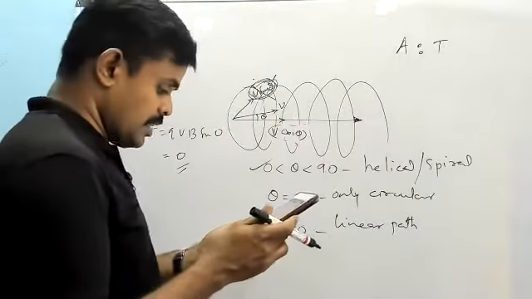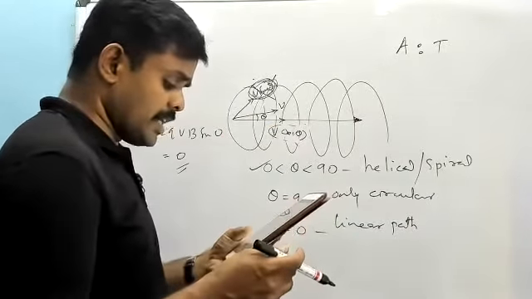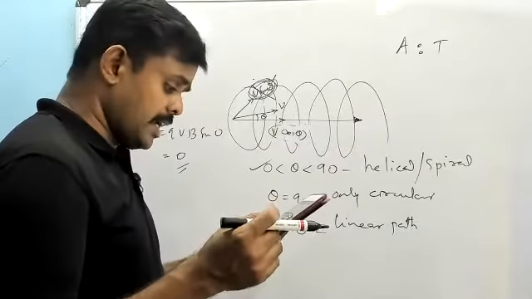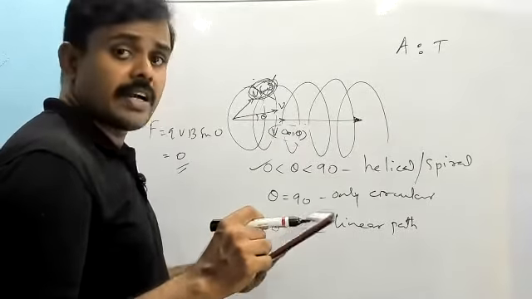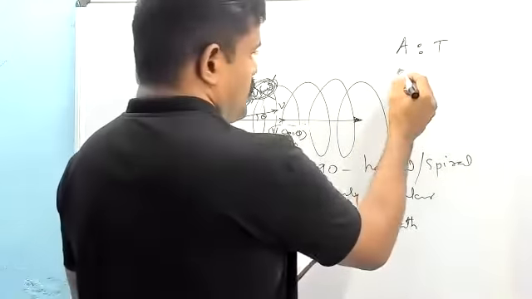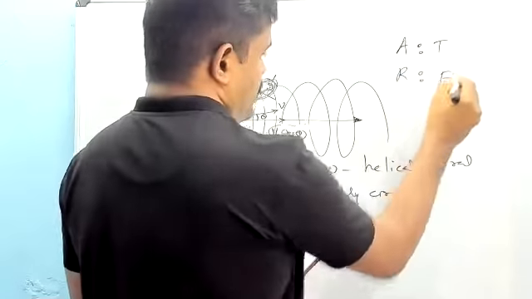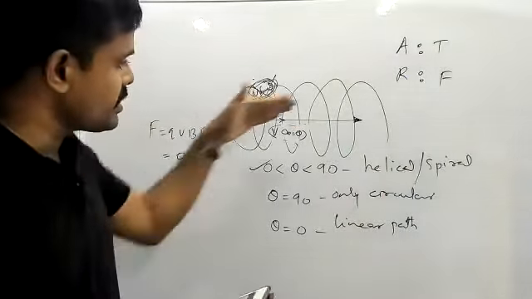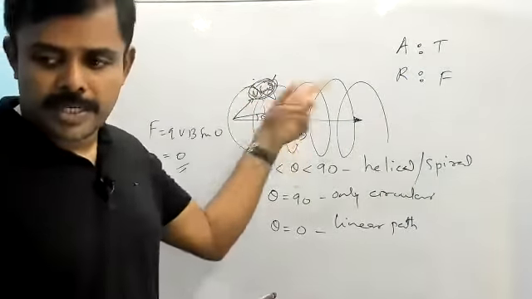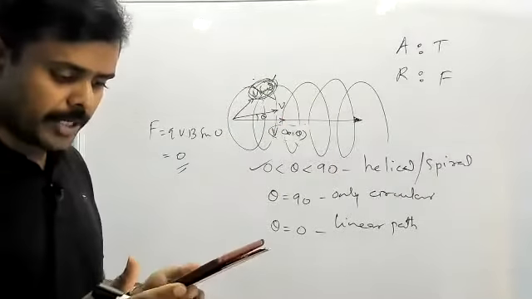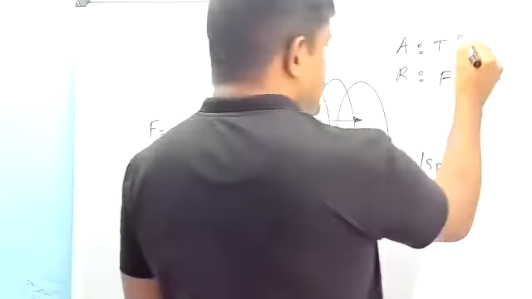Assertion is true. Reason: a charged particle entering a uniform magnetic field with velocity making an angle theta with the magnetic field will cover a linear path. Wrong. Reason is false. Why? If it is entering at an angle theta, it is executing a spiral path or helical path. Assertion is true, reason is false.